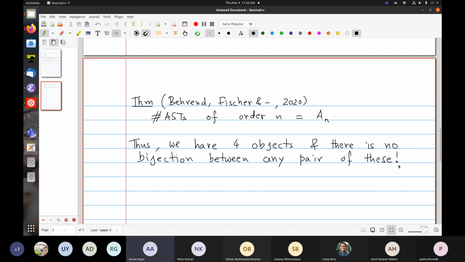This is considered a wide open and difficult problem, and not for lack of trying. People have tried to give bijections, but so far they have all failed spectacularly.